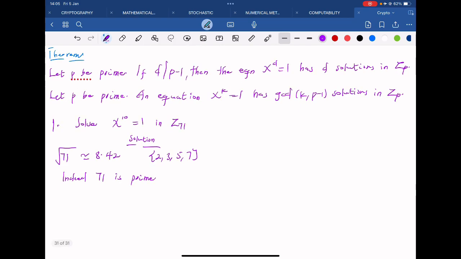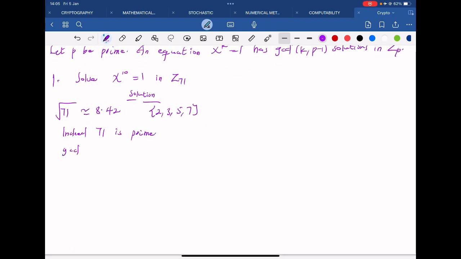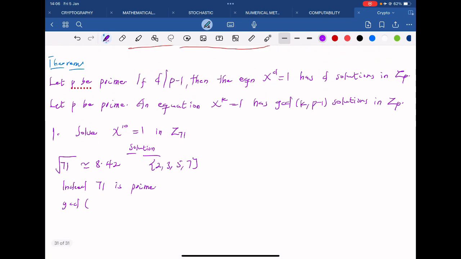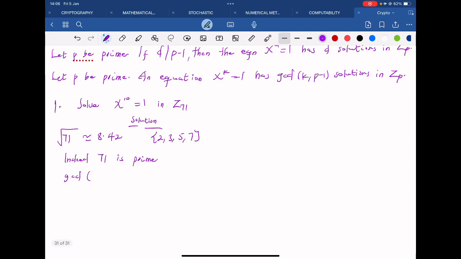Okay. Now, we've seen that P is prime. Then if D divides P minus 1, so now let's check. What is the GCD? In this question, our D is 10, and our P minus 1 in this case is 70.